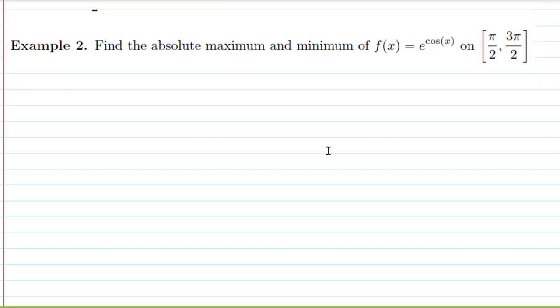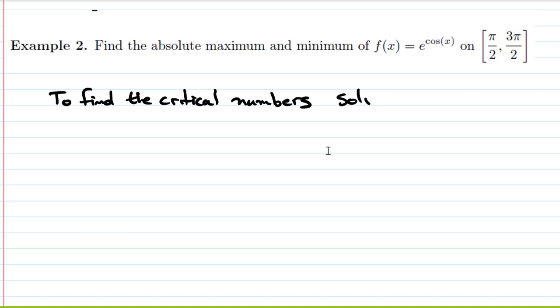So to find the critical numbers, we solve f prime of x is equal to 0.